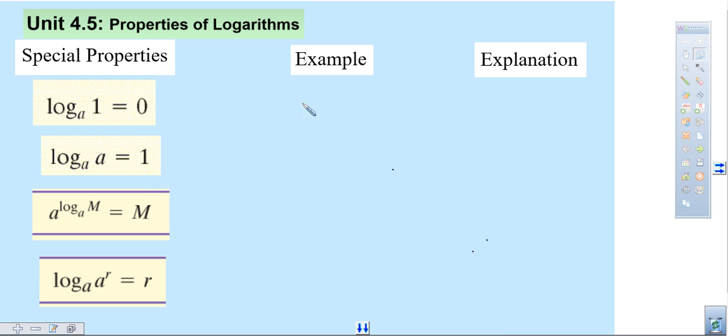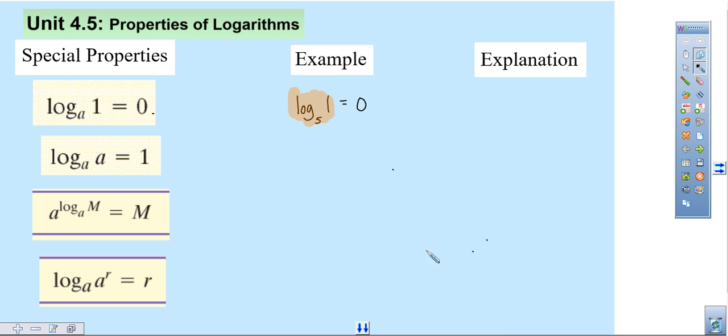So in the first situation, let's say hypothetically that we have log base 5, could be any number, of 1. So log base 5 of 1. In this case, you'll get an answer of 0. If you're given this, it can be evaluated to equal 0.